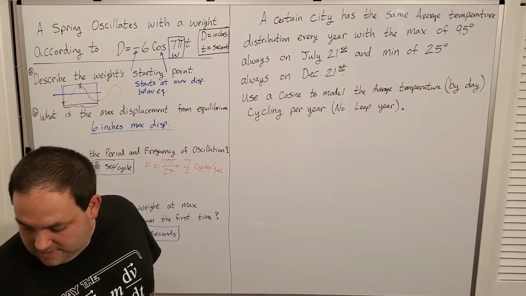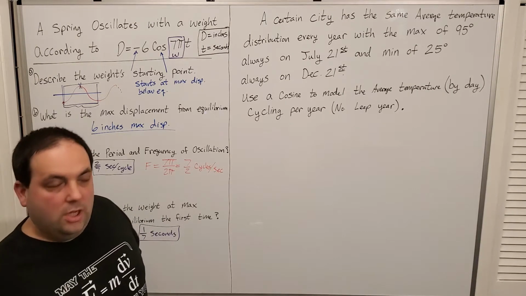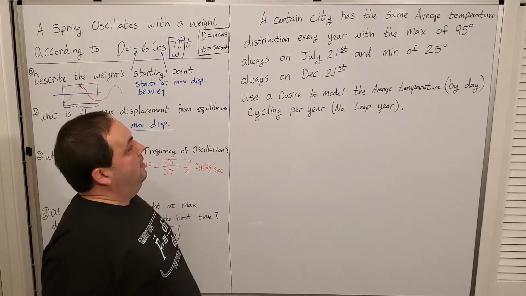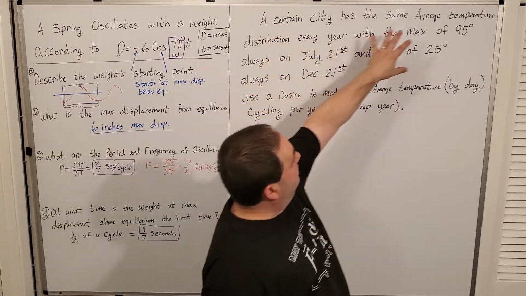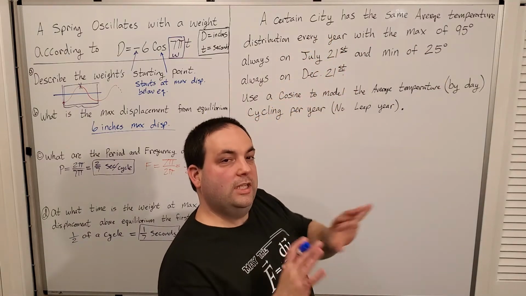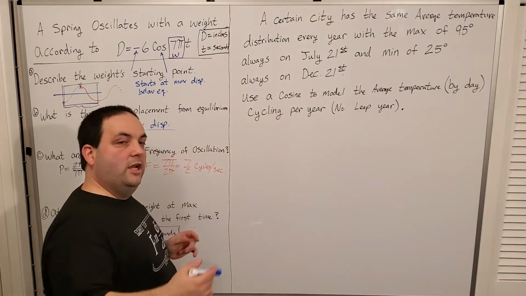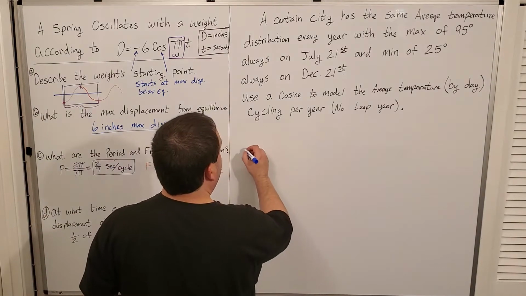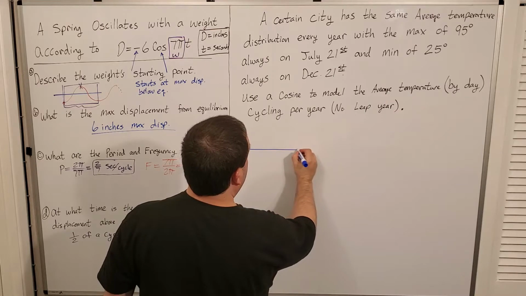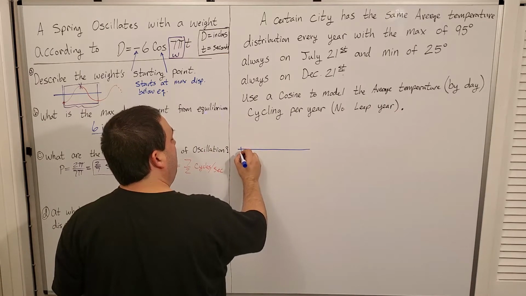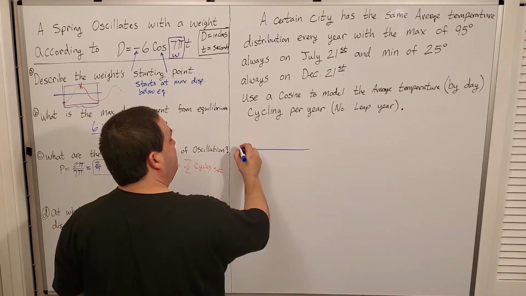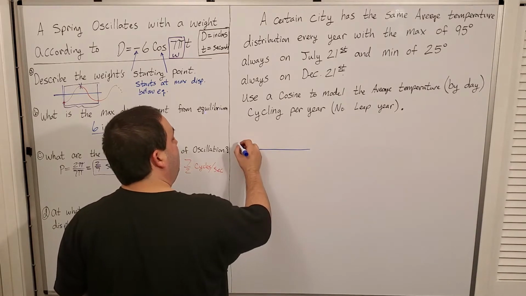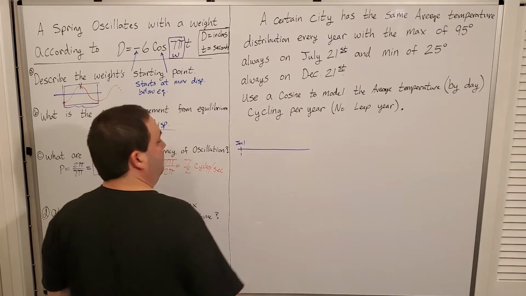Now, this is going to be something that can do more than just the way this one is set up here. The temperatures and the days are actually shifted. So here's what we're going to do. We're going to say that we have some sort of temperature distribution, and 0 right here is day 1, which is January 1st.